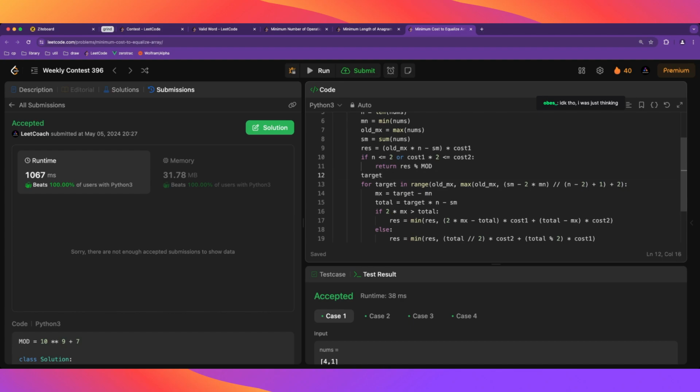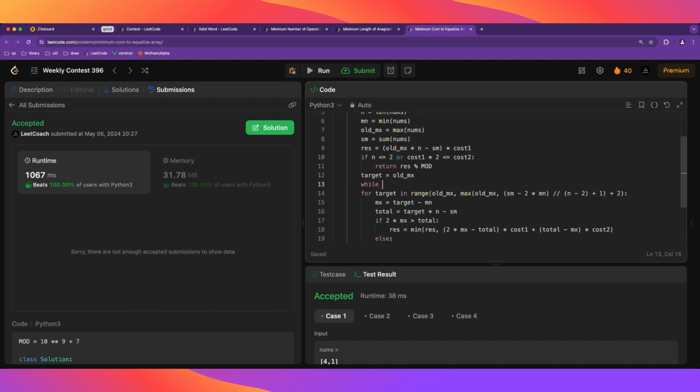So a different way, without doing the math, you could just say, okay, let's start with the target from the max, and let's do this while, well, yeah, let's say this.